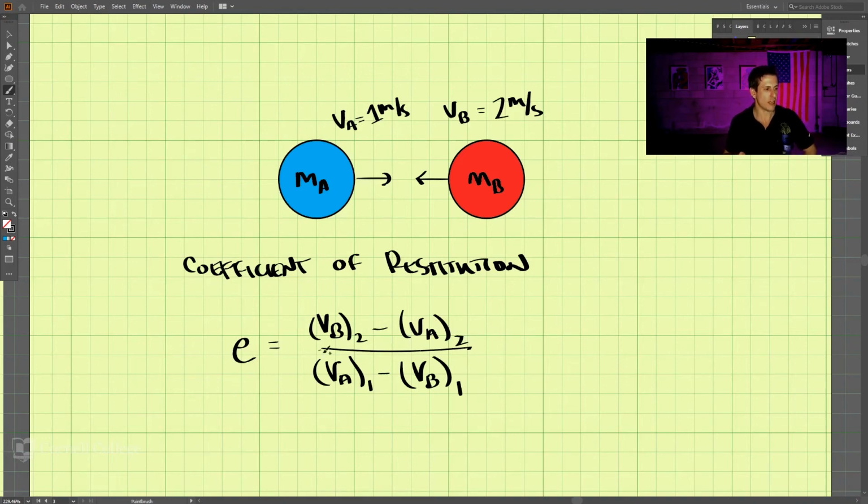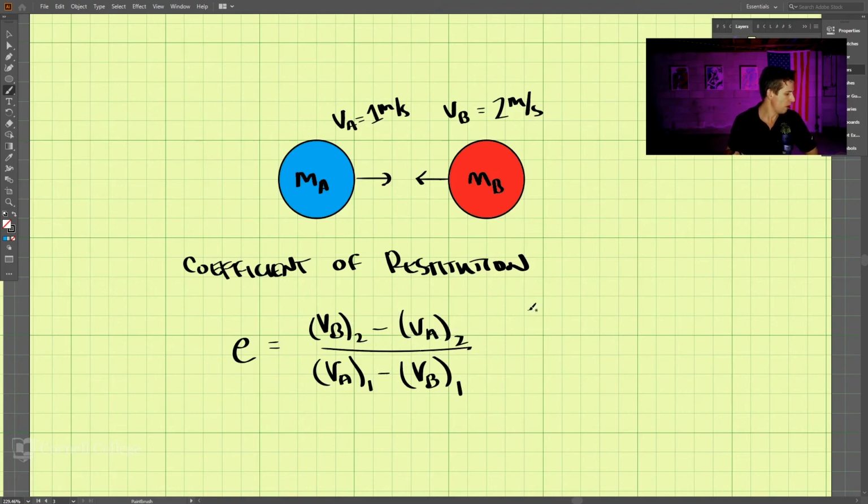So let's take a look at what this actually means. If the velocities are very close to each other after the collision, this top numerator becomes very small. If they're moving together, this number becomes very small on the top.